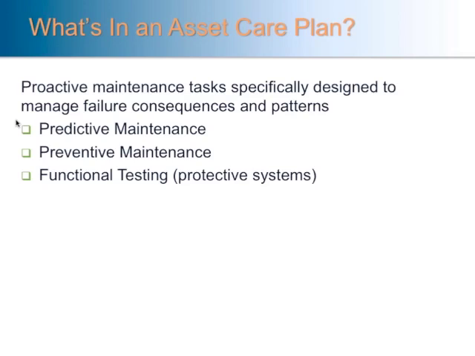What is currently believed to be the 3 formal methods for proactive maintenance is predictive maintenance, preventive, and functional testing. The preventive maintenance actions are scheduled events that would occur on a time-based frequency to either replace or repair overhaul equipment.